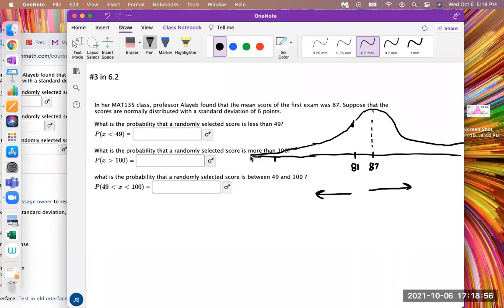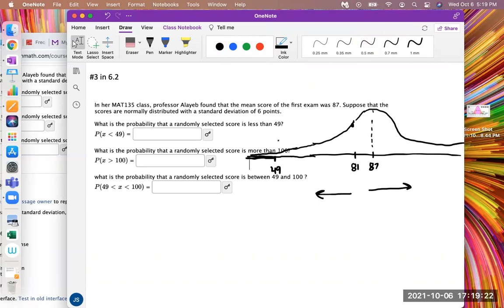Now, the normal curve is always getting closer and closer to the x-axis. It's called the asymptote, but it never actually hits the x-axis. So now we have to shade the region less than 49. So this is 49. Where are the numbers that are less than 49? Well, they're right here, to the left.